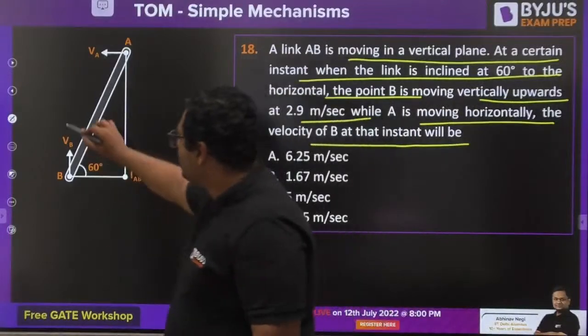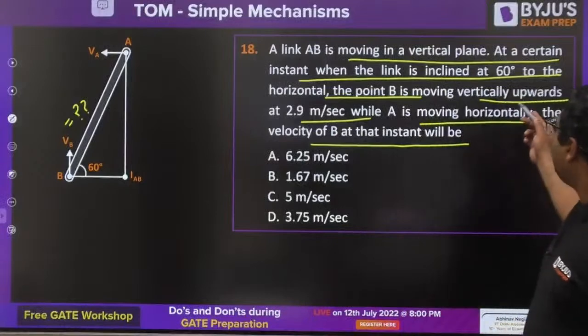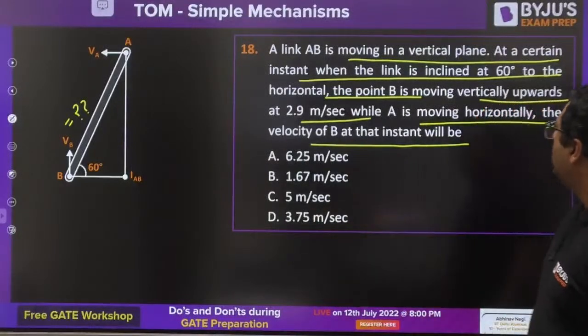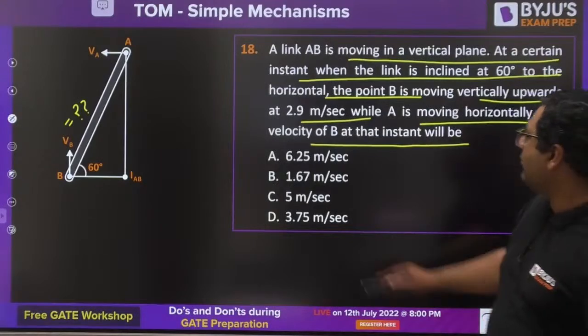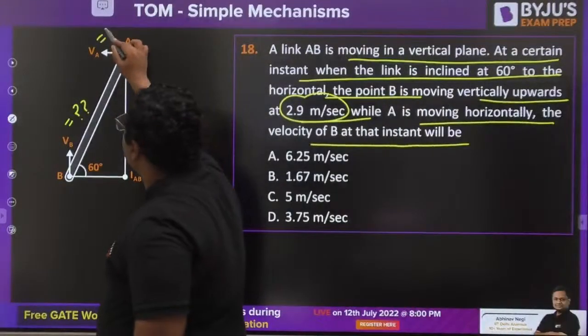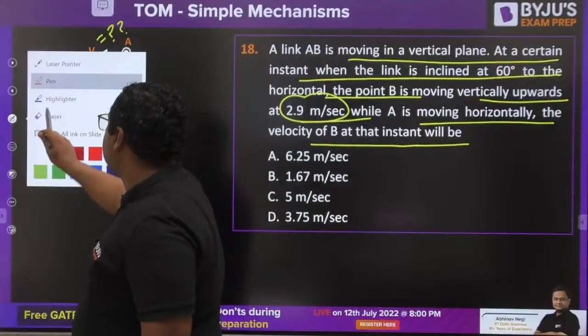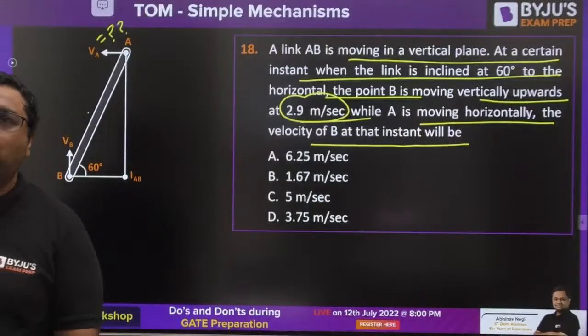You need to answer this one. Okay, I feel velocity of B is given. Velocity of A is asked. Solve it, guys. This type of question we have already done. Nothing new.